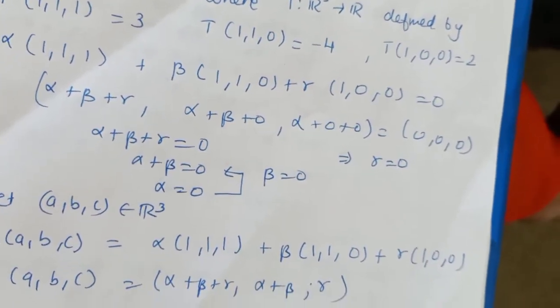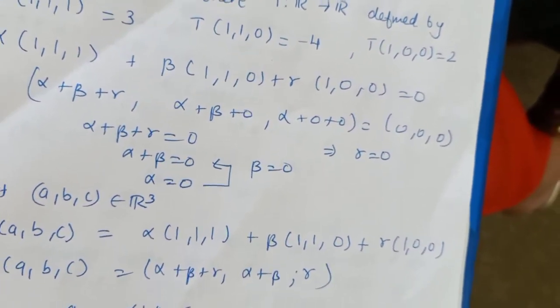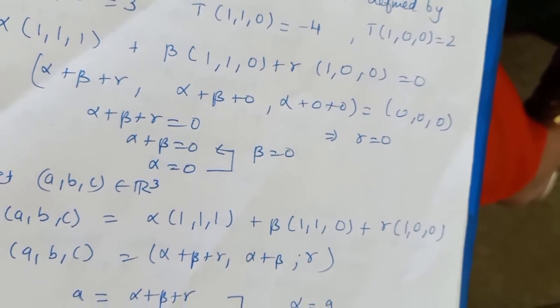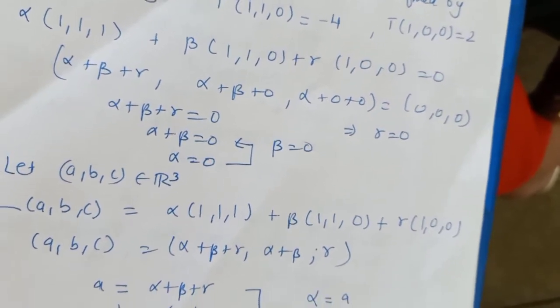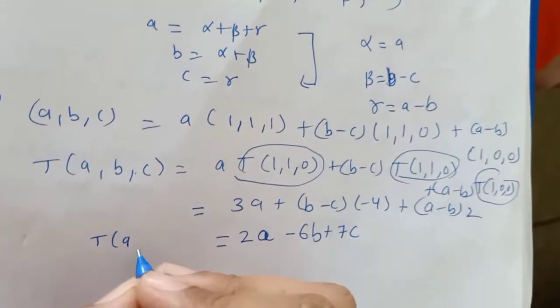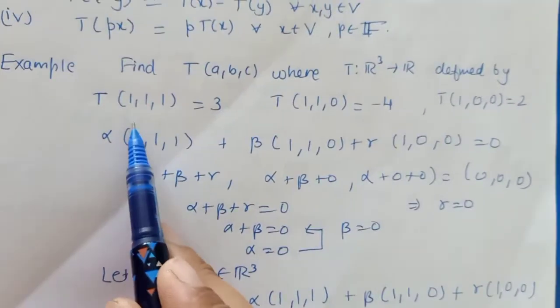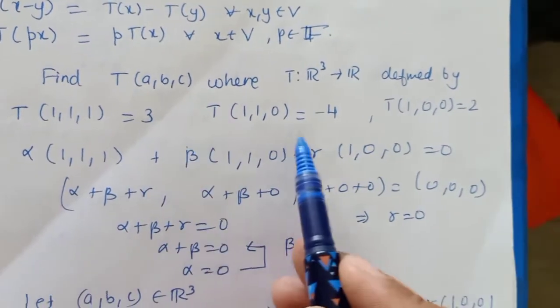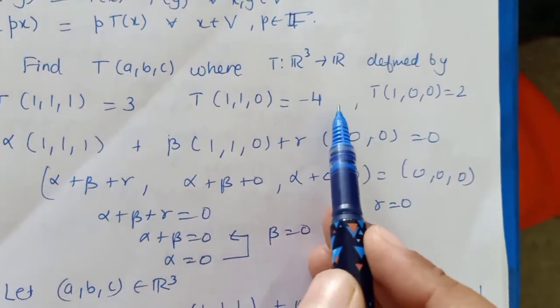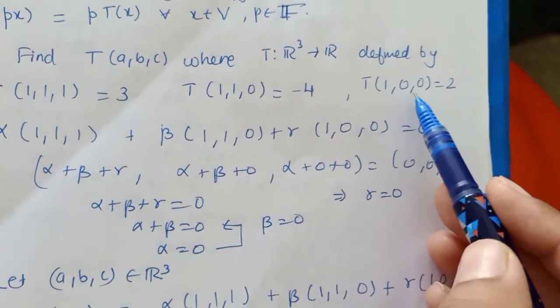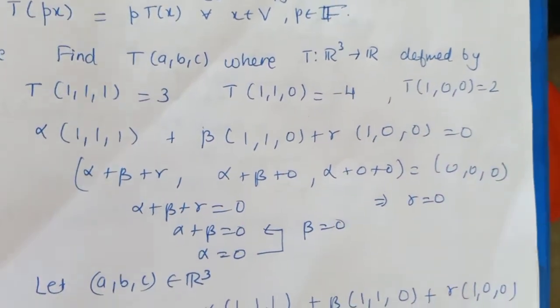So on combining you will obtain 2a minus 6b plus 7c. So this is the linear transformation which takes T of (1,1,1) to 3, T of (1,1,0) to minus 4, and (1,0,0) to 2.